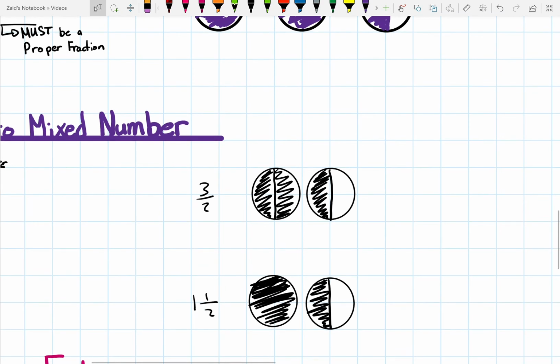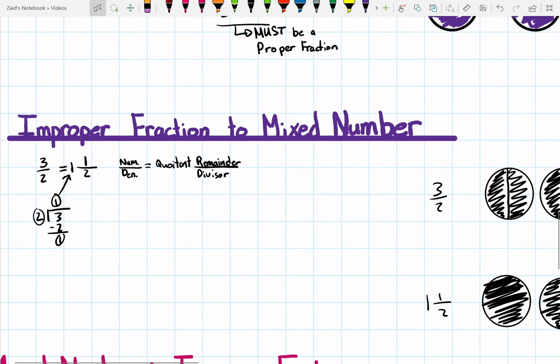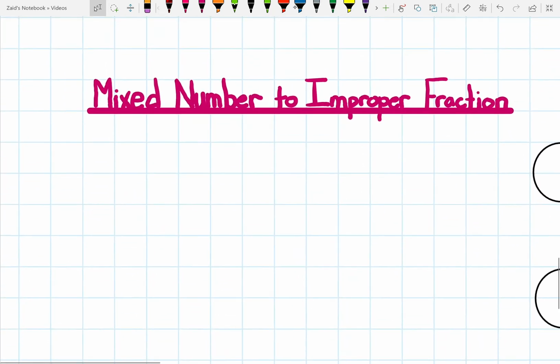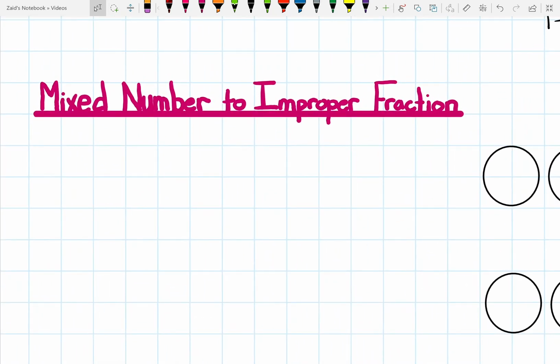So if we can go from improper to mixed number, that means we can go from mixed number to improper fraction. So with mixed number to improper fraction, let's use the same example. We had 1 and 1/2. Now, how do we make that into an improper fraction? Well, we use the whole number, multiply it with the denominator, and then add it with the numerator.